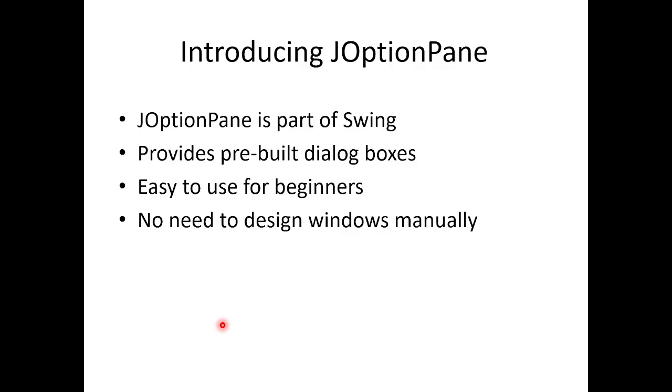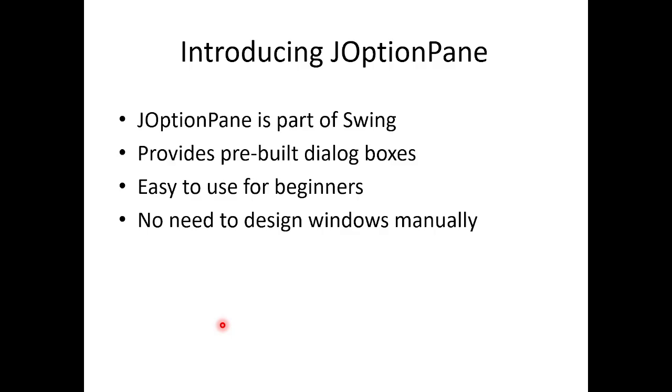JOptionPane is part of Swing and is commonly used. Swing means that in Java we have packages, so if you want to use these packages, it is under Java Swing. One of the parts under Swing is JOptionPane. We have others like JButton and so on.